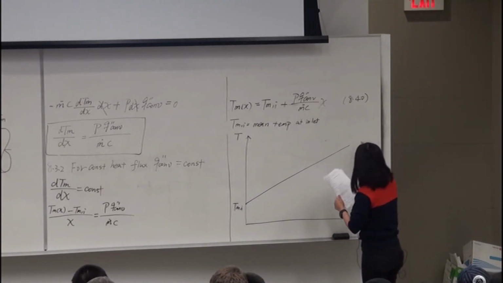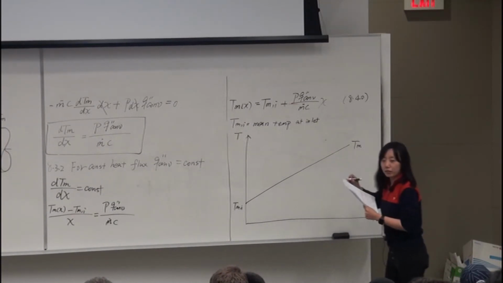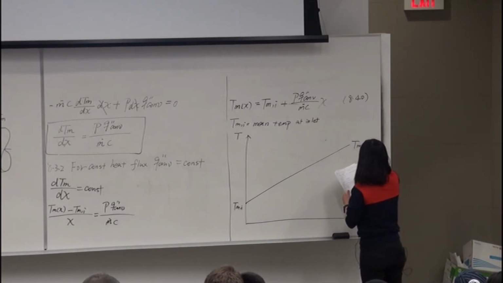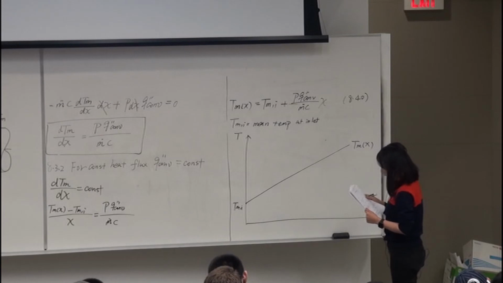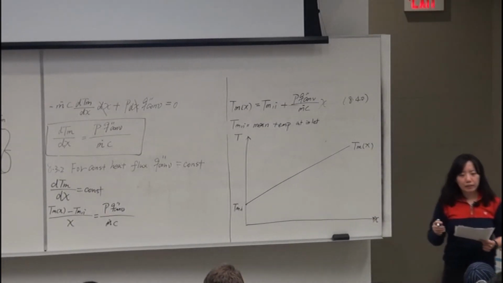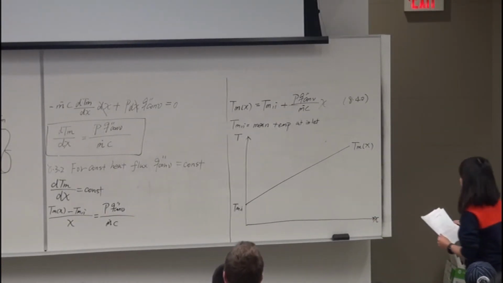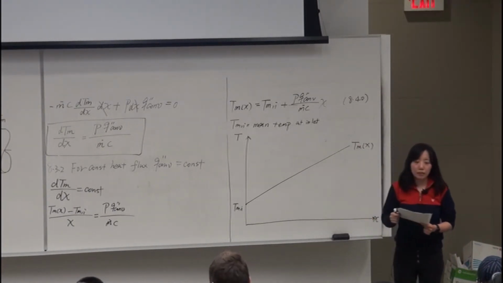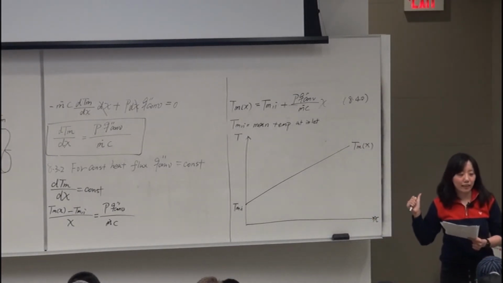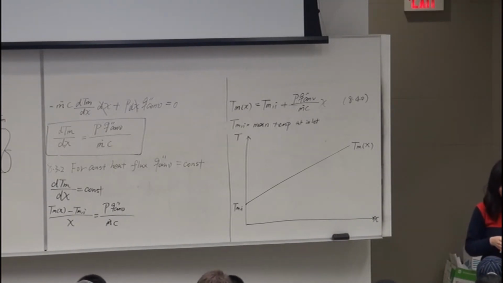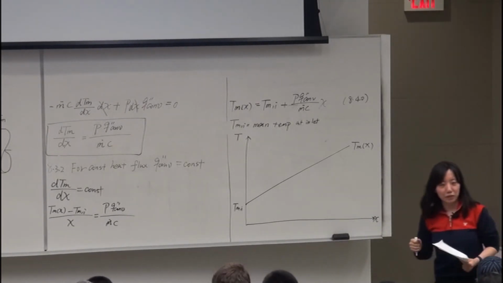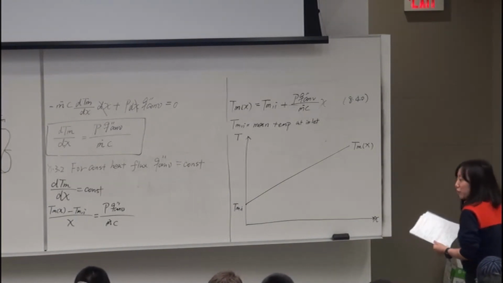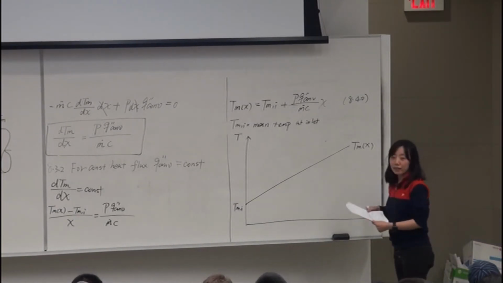This gives us the mean temperature of the fluid, T_m(x). How about our surface temperature? Based on this equation, we know the mean temperature of the fluid varies linearly. As suggested, surface temperature should go up.